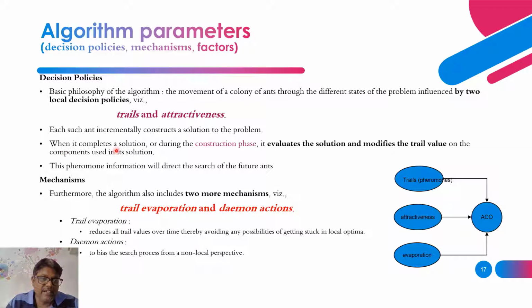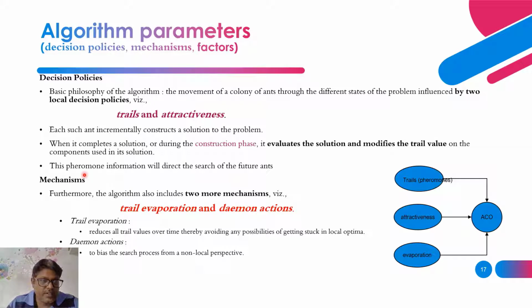When it completes the solution, or during the construction phase itself, it will be evaluated. It will evaluate the solution and modify the trail values on the components used in the solution. So it may add more pheromone, or sometimes it will evaporate. That means it is allowed to evaluate and modify the trail parameters and the attractiveness.